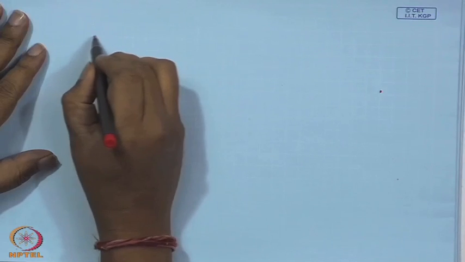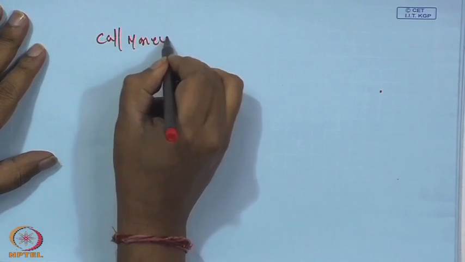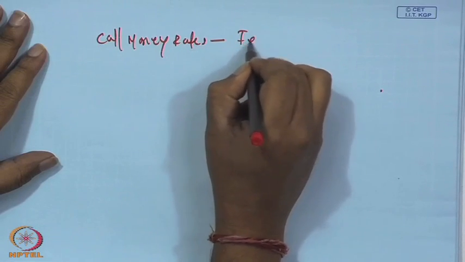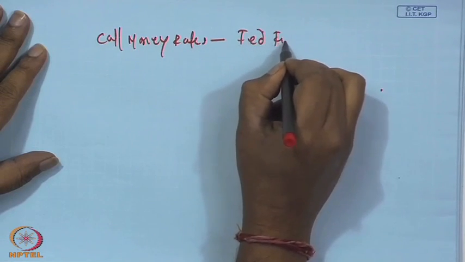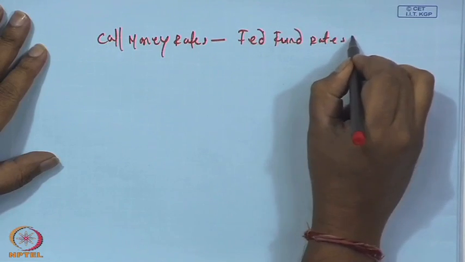Similarly, I have taken the uncovered interest parity. In the case of uncovered interest parity, what have I done? I have taken the call money rate minus the Fed fund rate, and I put that as the interest rate differential.